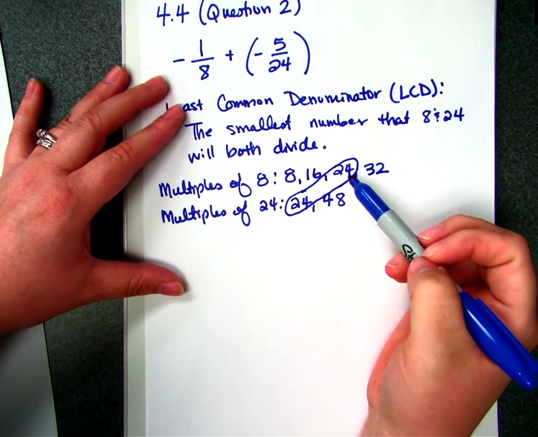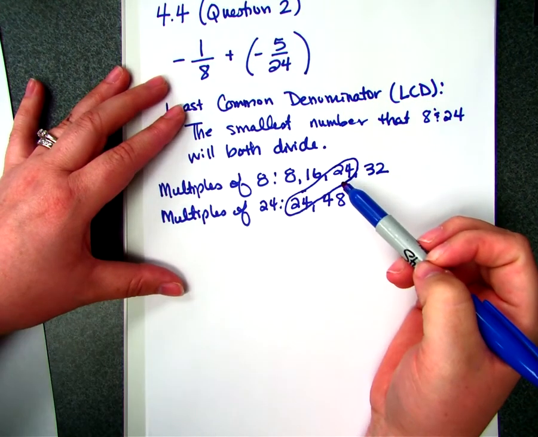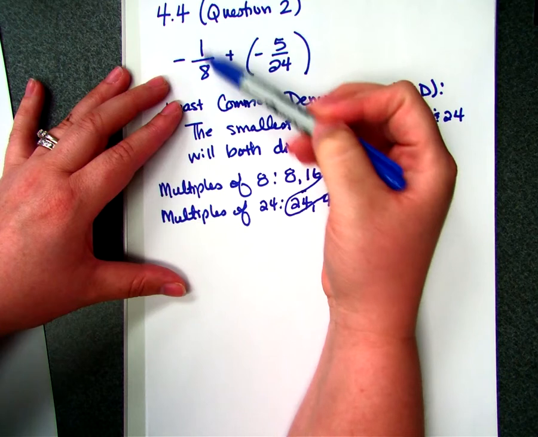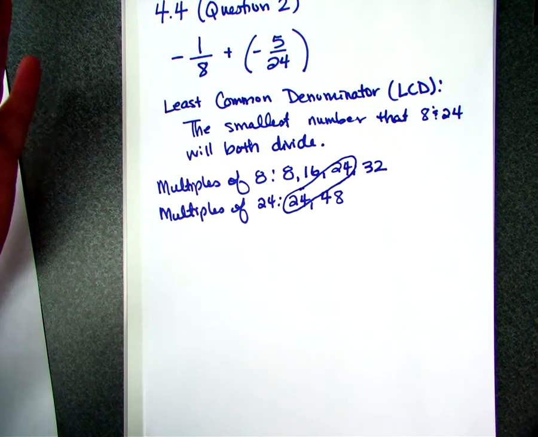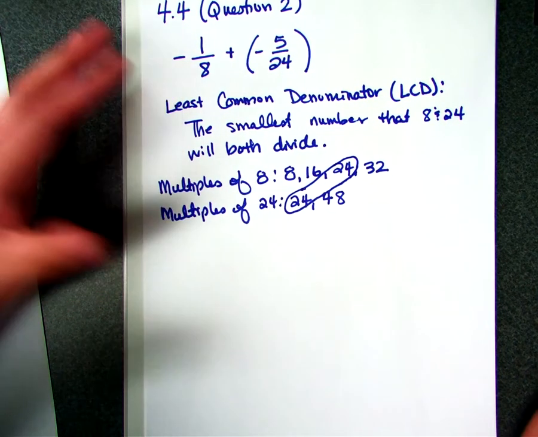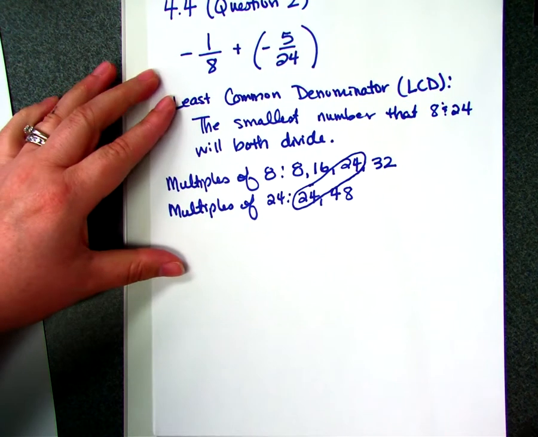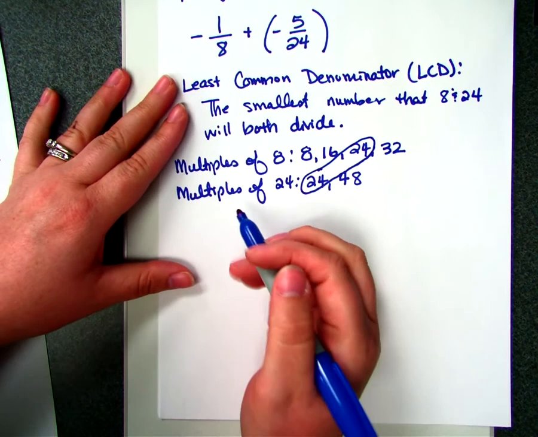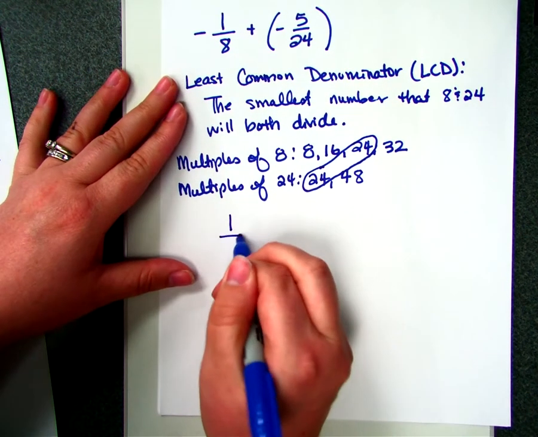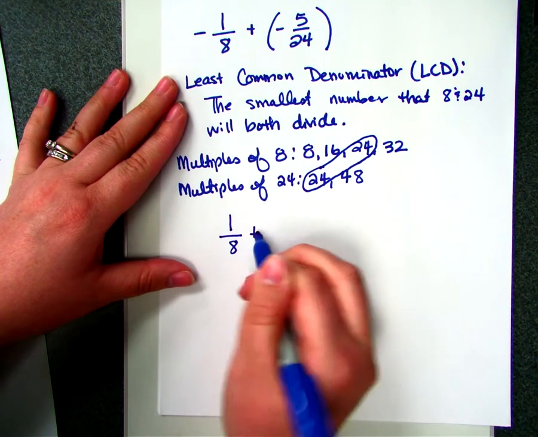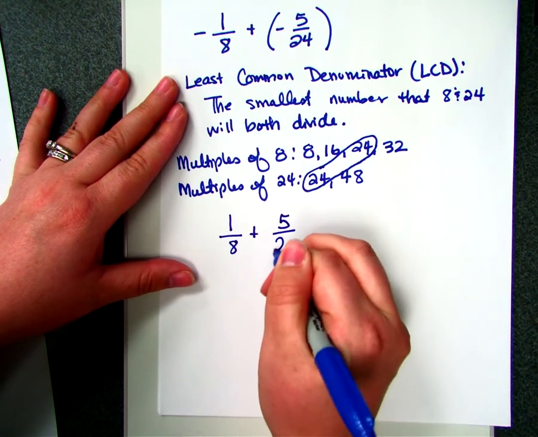So what we're going to try to do is turn each one of these fractions into something that has 24 pieces. The only way you're allowed to transform any fractions to change them to fit your need is through multiplication. So let's just look at the fraction portion of this. I have 1/8 and 5 over 24.